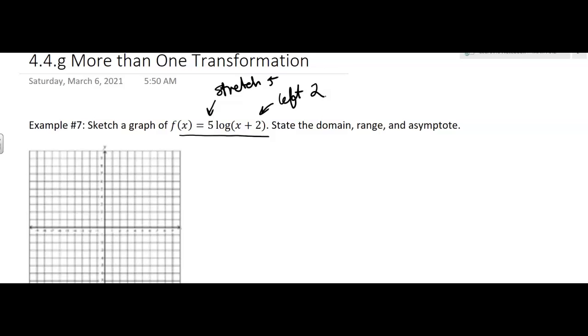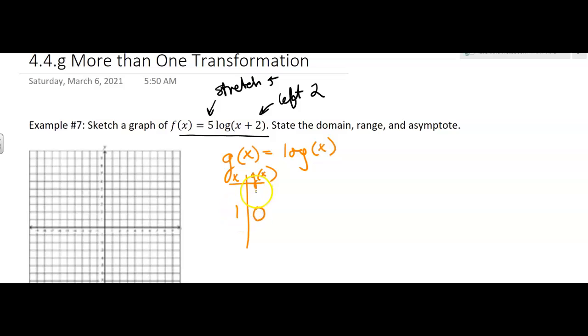Okay, let's do a parent function. A parent function here would be g of x equals, we didn't talk about the base. This is a common log, right? So it'd be log of x. And I can do a little table of values here, not very big. I know it's going to go through the point (1, 0).